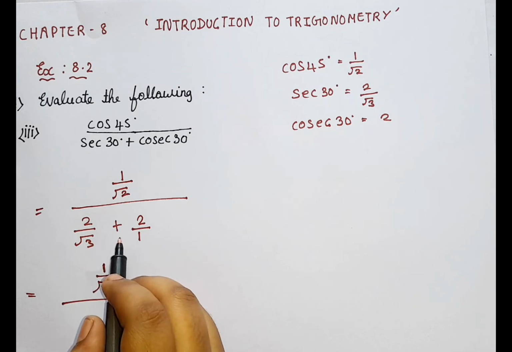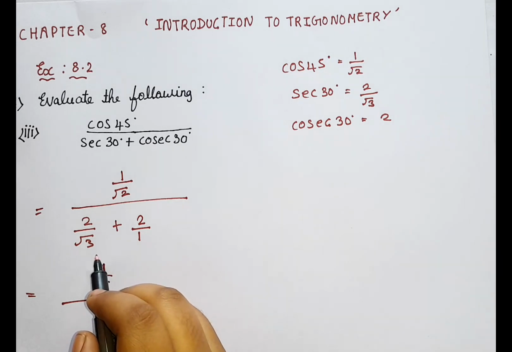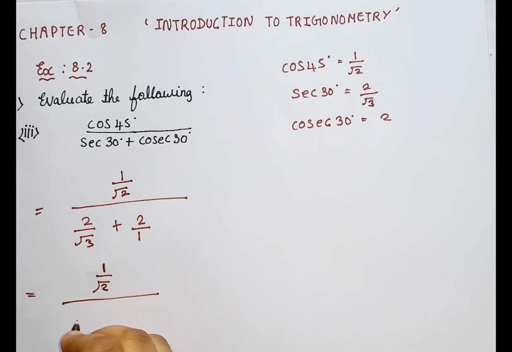I am going to take LCM and solve it. After taking the LCM, we'll get 2 plus 2 root 3 divided by root 3.